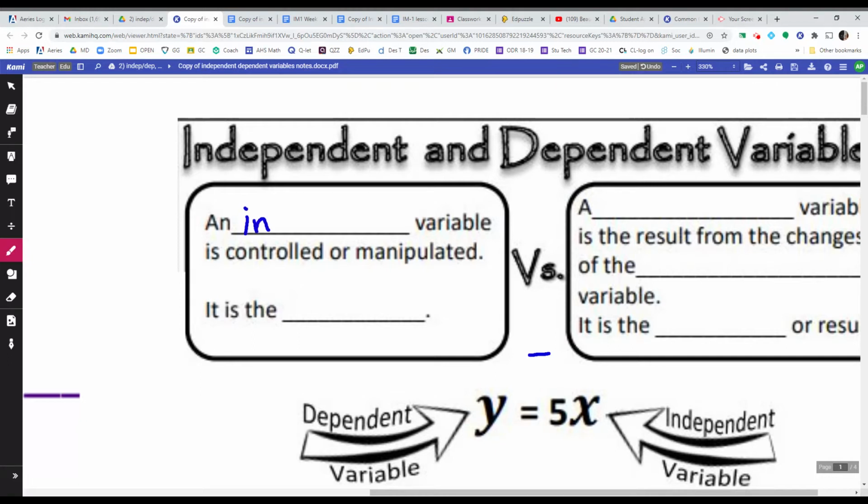An independent variable is controlled or manipulated. I don't know if controlled or manipulated makes good sense. You could also say it is the boss or comes first, and I'll explain to you what that means. It is the input.